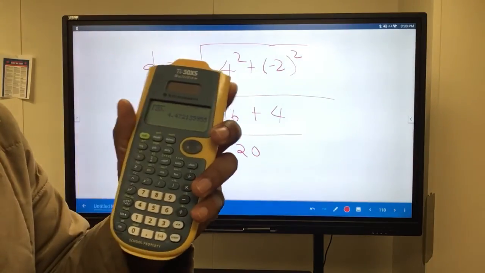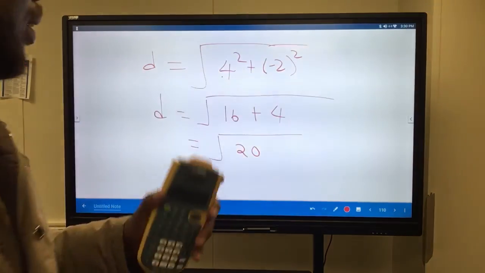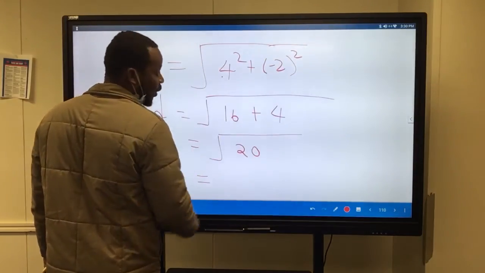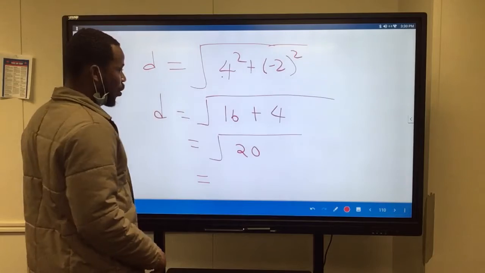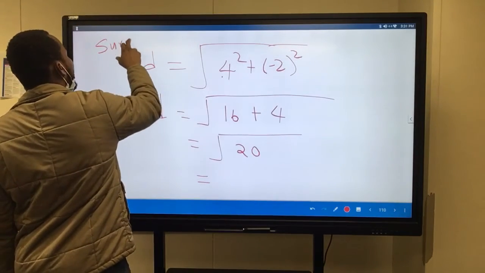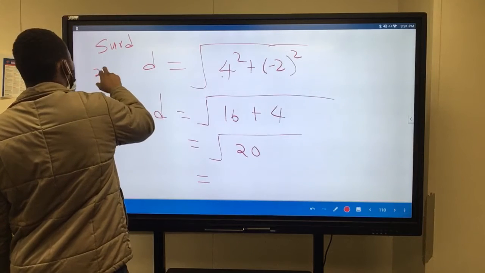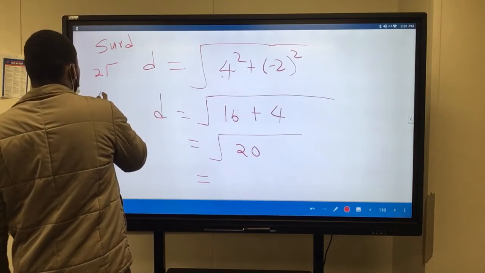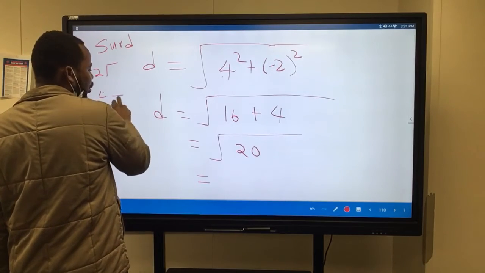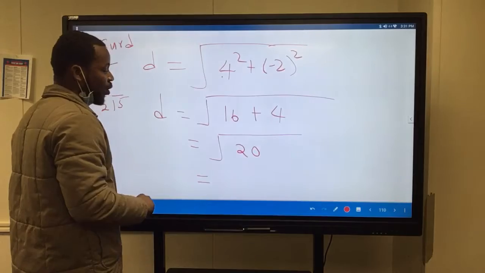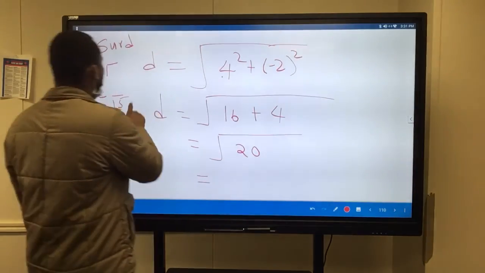It's very important that you put a dot over there. That means that you want your answer in decimal. If you don't do that, it will give you the answer in surd form. There is something you learn in college called surds. Maybe it will give you 2 root 5, which is what it's going to give you if you put it on a calculator.